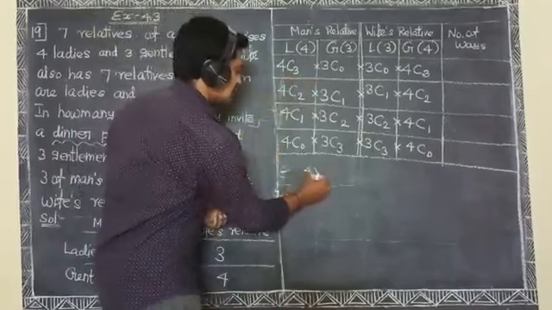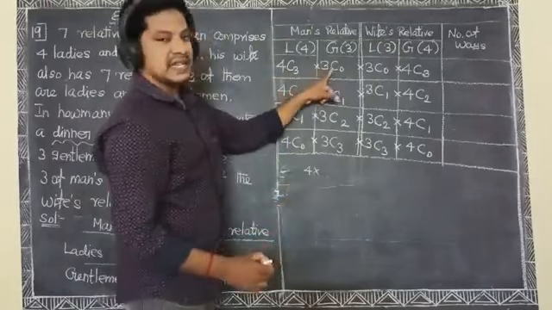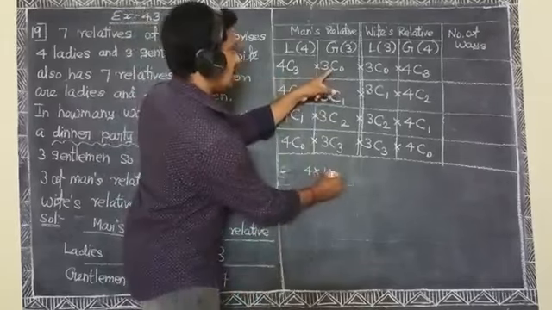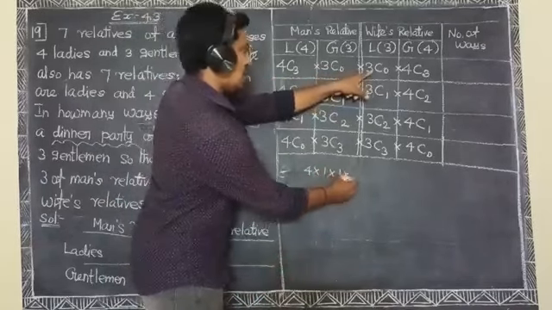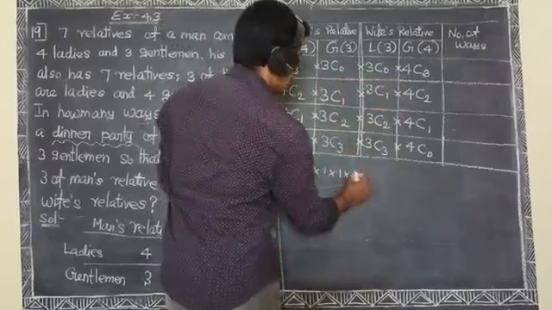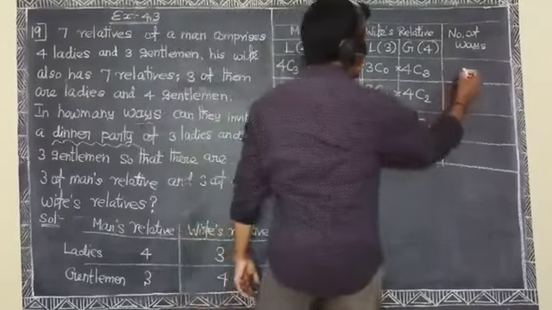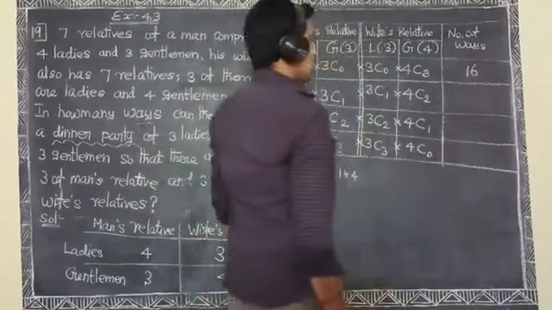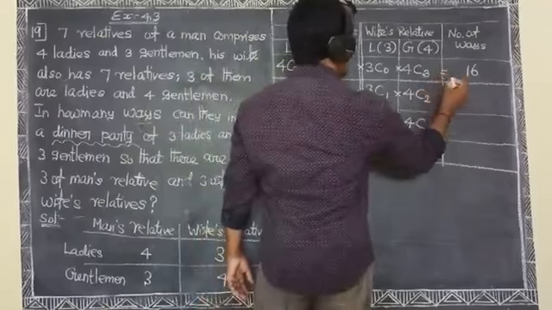Then the value of 4C3 is 4, 3C0 is 1, 4C3 is 4. 4 fours are 16 into 1 is 16.